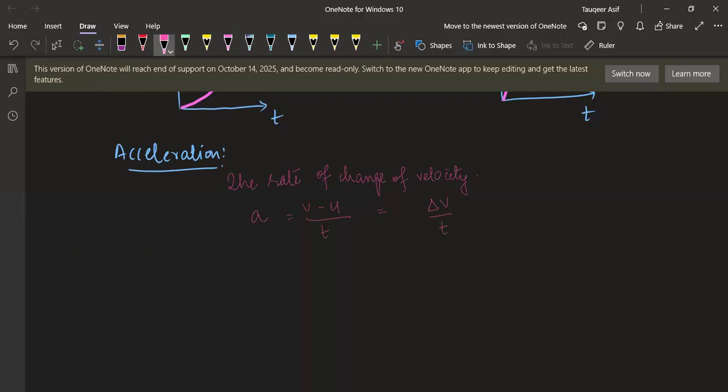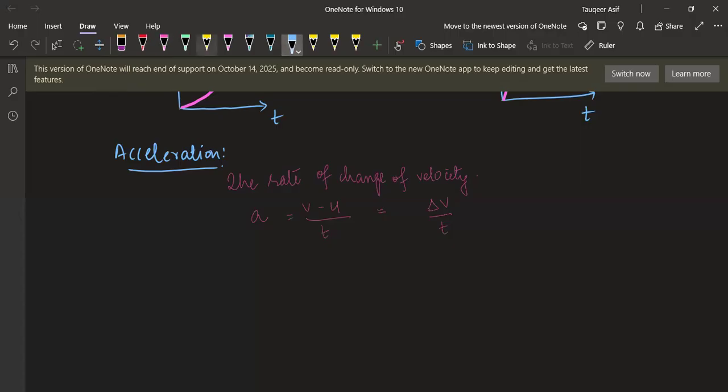Now we have the graph for the acceleration. Tell me which graph is going to be for acceleration: distance time or speed time? Speed time, right?